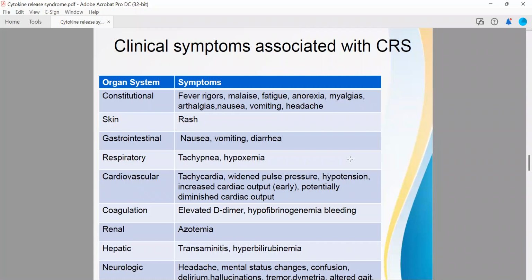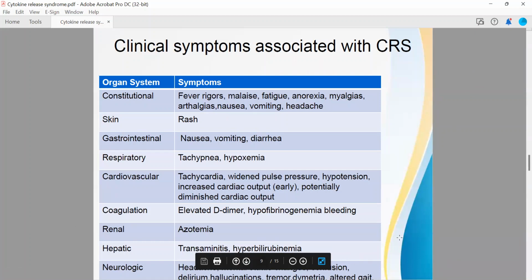Coagulation: increased D dimer, hypofibrinogenemia and bleeding. Renal: azotemia. Hepatic: transaminitis, so we can see elevated SGPT and hyperbilirubinemia. Neurological: headache, mental status changes, confusion, delirium, hallucination, tremors, and the patient may also go into seizure.